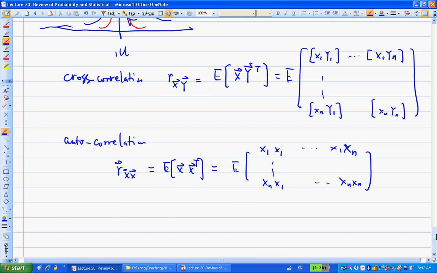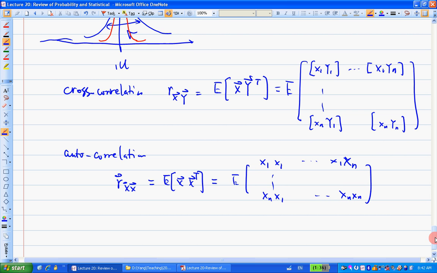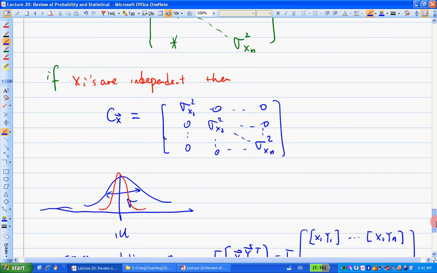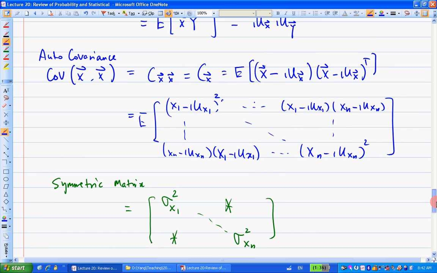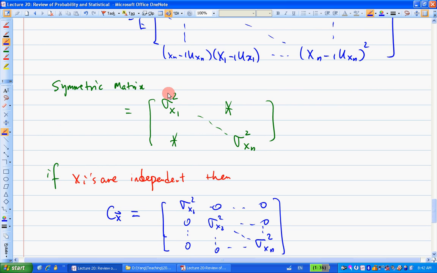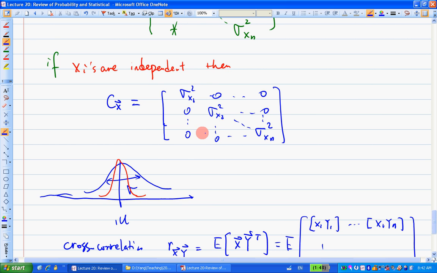Now let's take a look at an observation here. What's the connection between this autocorrelation and the autocovariance matrix here? We said if the X vector contains random variables that are all independent, then you have a symmetrical matrix of this one here, right?